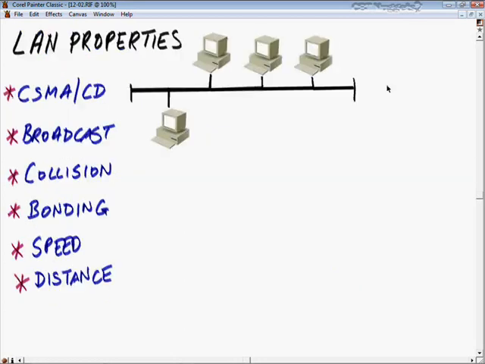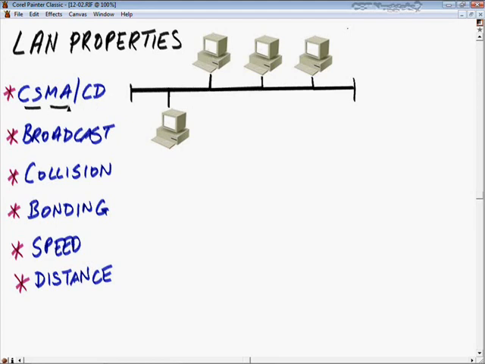Now, carrier sense multiple access with collision detection is basically the way that Ethernet local area networks control the signals on their network. It's a very important aspect of Ethernet. The carrier sense part means that all of the stations on the Ethernet are listening to the network media.